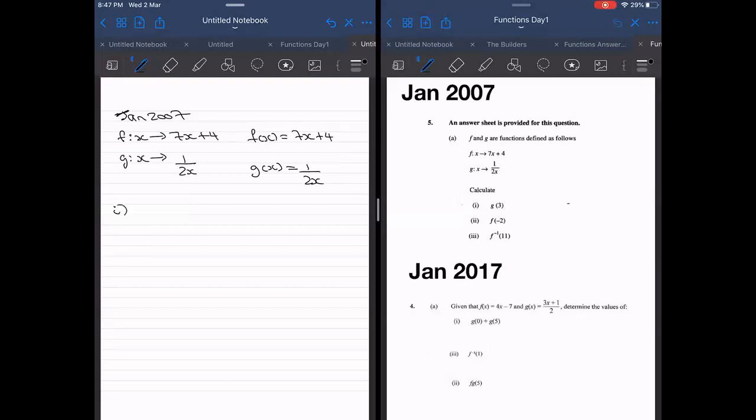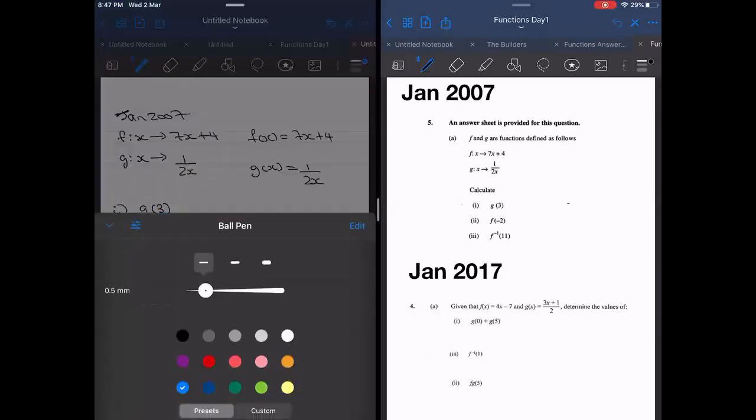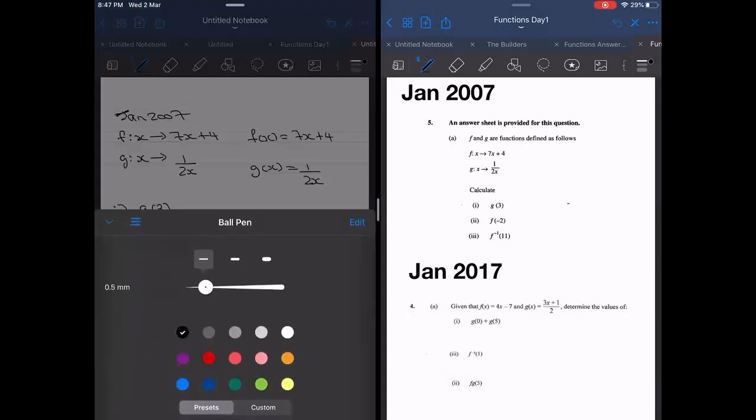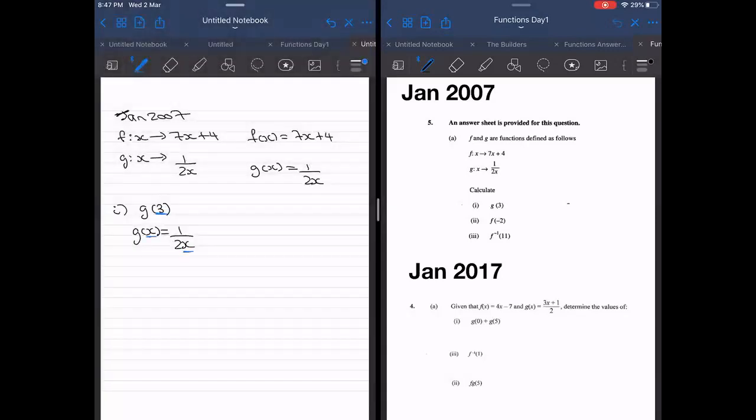All right, so the first one now is asking us to find g of 3. I know that means I need to input 3. So if g of x is 1 over 2x, wherever I see x, I need to put 3.